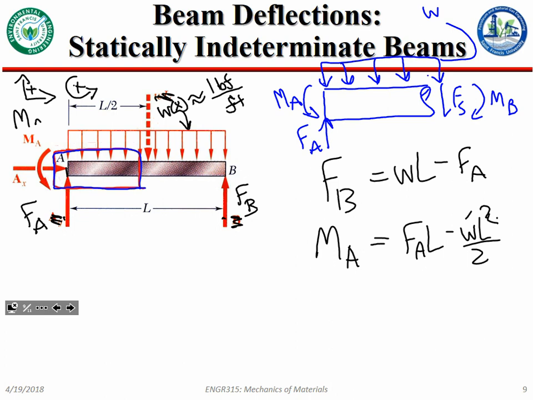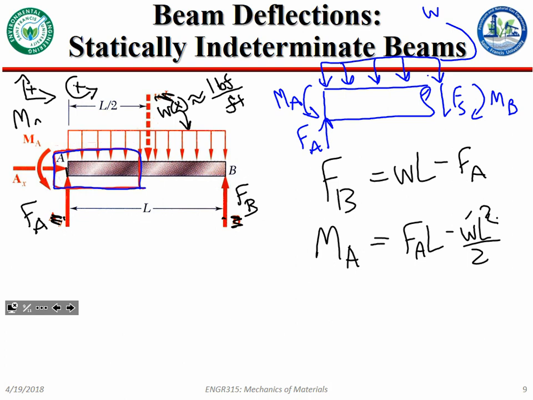From this I can make an expression for the bending moment. Now I won't be able to just plug in numbers because I don't know what FA is. I'm always going to come back to an unknown. But that's fine. I can make an expression for bending moment in terms of that, and it all goes back to FA.